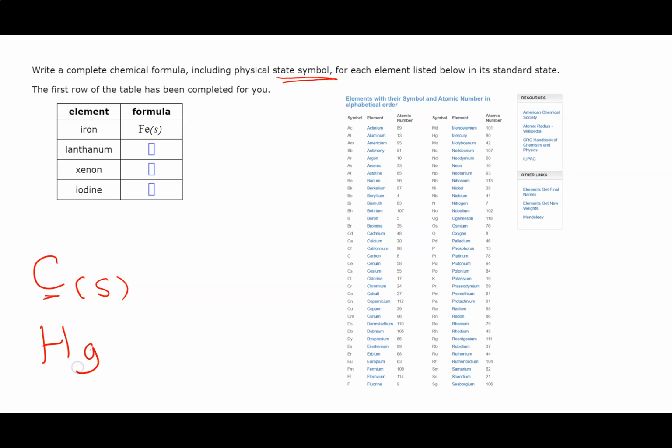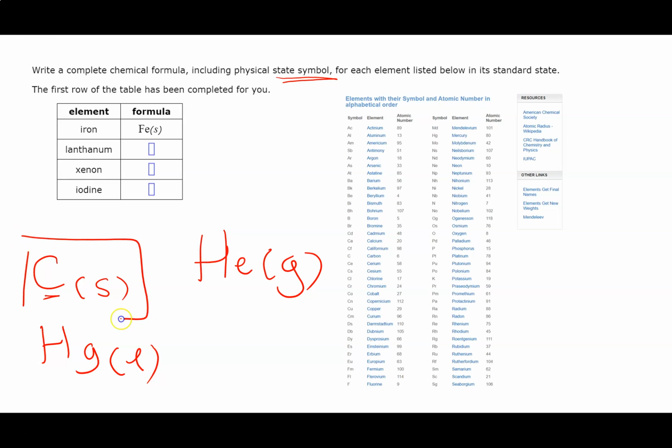If it is liquid, we put parentheses, you guessed it, lowercase l. And if it is gas, it's parentheses lowercase g. So you have to remember what are solids, what are liquids, what are gases. Something to be aware of is if you are drawing a blank, always put solid, because the odds are in your favor that it's a solid.